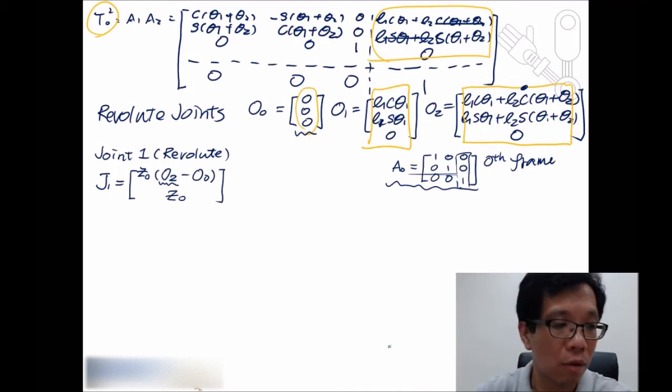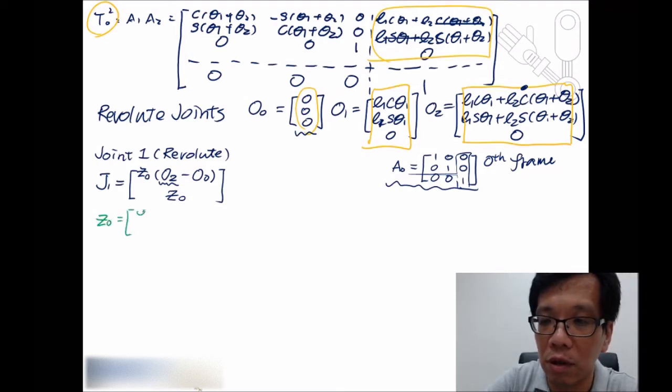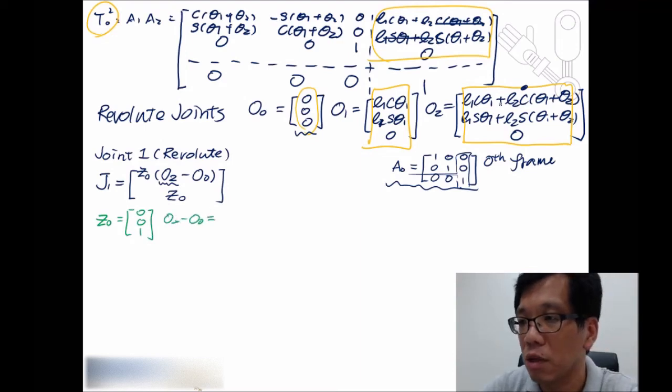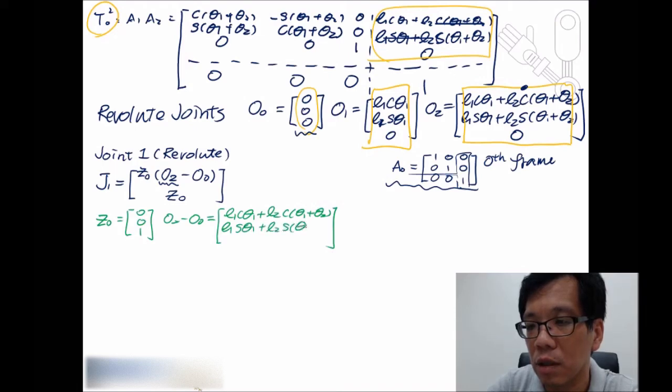This one. So when we are dealing with that, I have my Z naught equals to 0, 0, 1. I have my O2 minus O0 equals to this one minus this one. So essentially, it's going to be L1 sine theta 1 plus L2 sine theta 1 plus theta 2, 0.